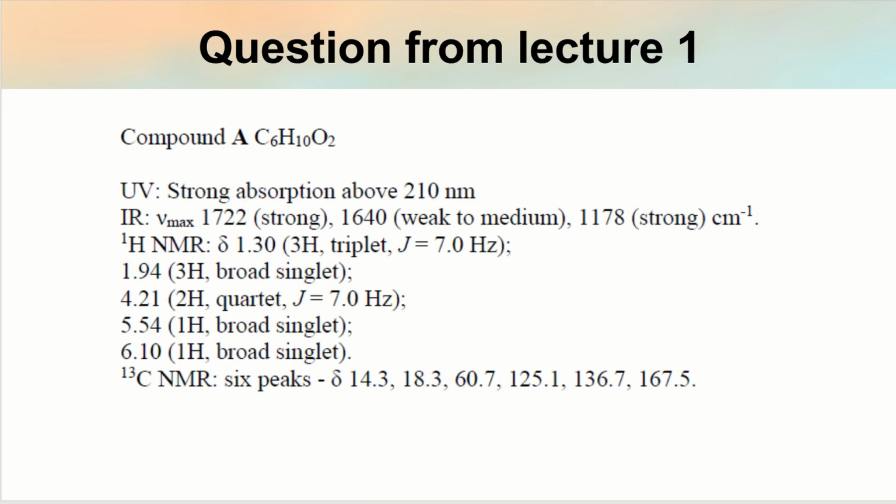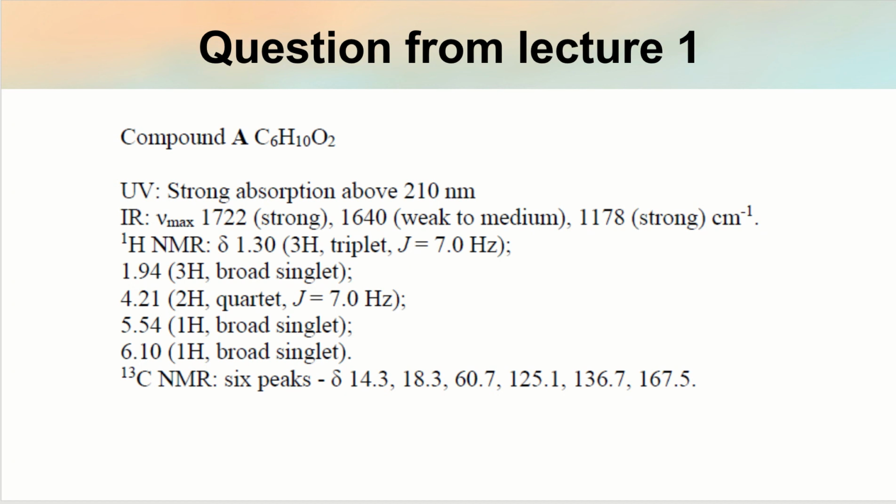And then finally, I don't know if you recall our question from lecture 1. So I have brought it back here for you to attempt at this stage. So having done carbon, having done proton, having done IR, having done DBE, we should be able to propose a structure for this compound.